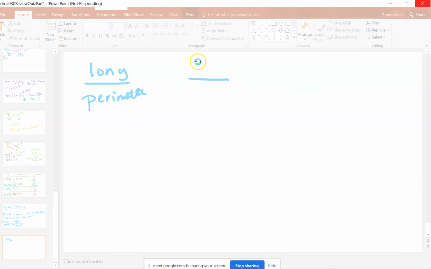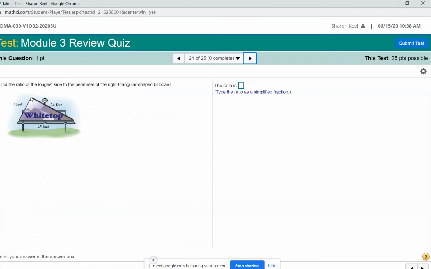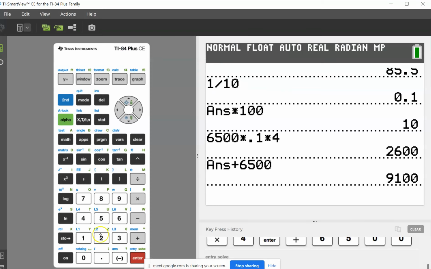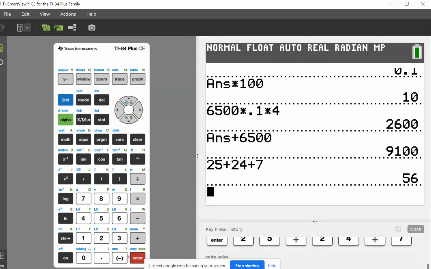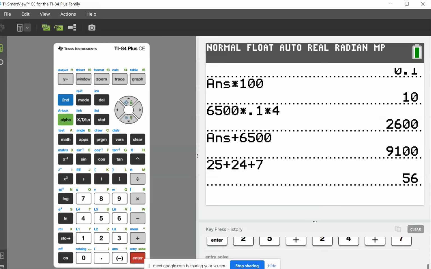So the number for longest goes on top, and the perimeter would mean I would need to add all three. So I got 25, 24, and 7. Add all those, you get 56. 25 over 56.